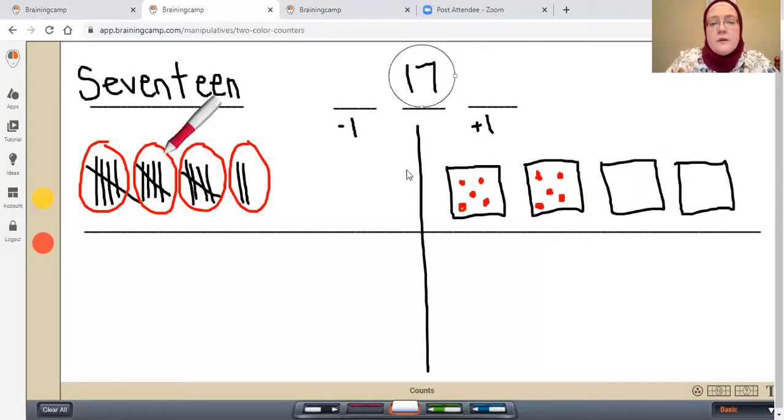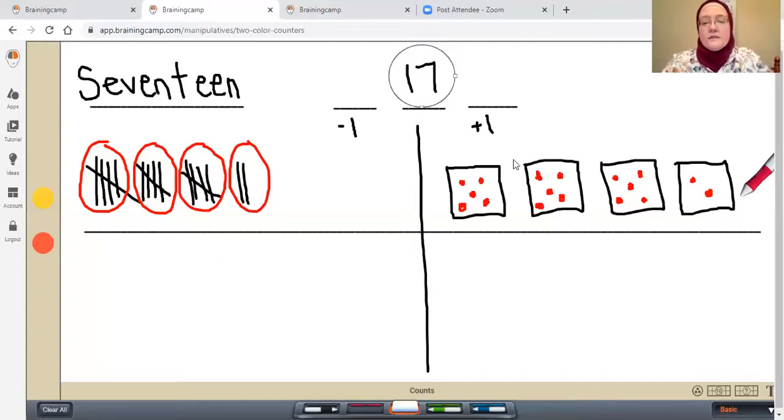There's that second one. Now another 5. 1, 2, 3, 4, and 5. So now I have 5, 10, 15, I need 16, and 17. So this last one has 2. So now I've represented with dice.